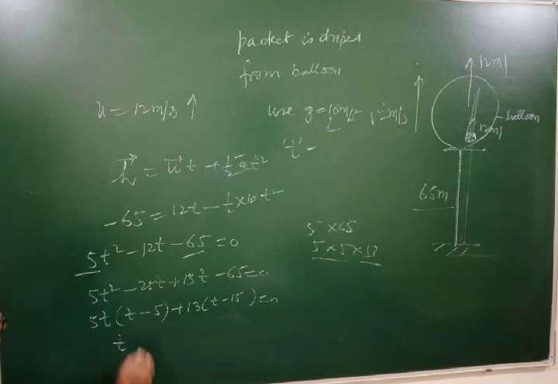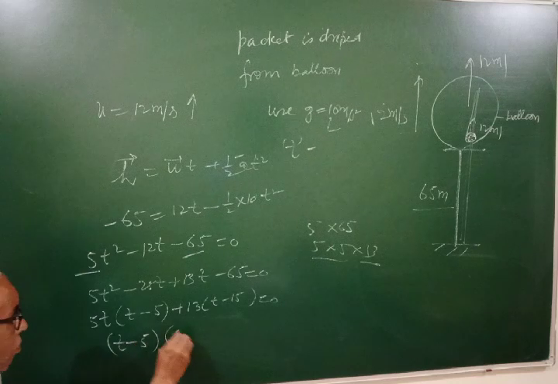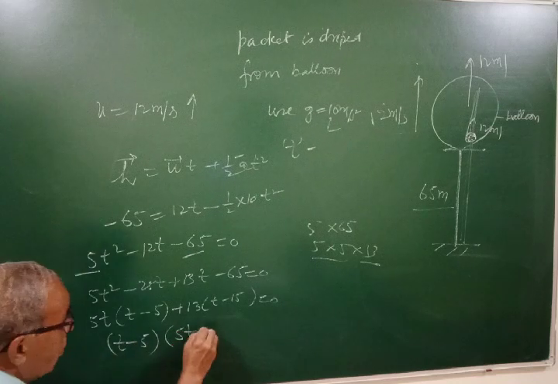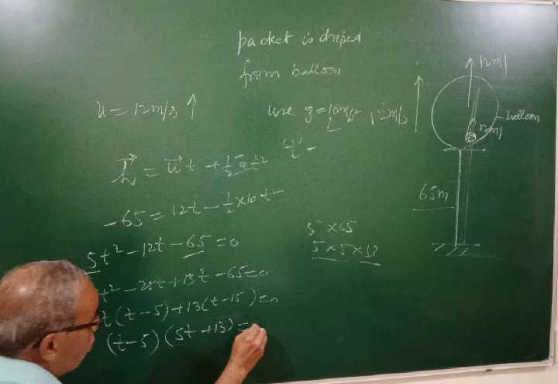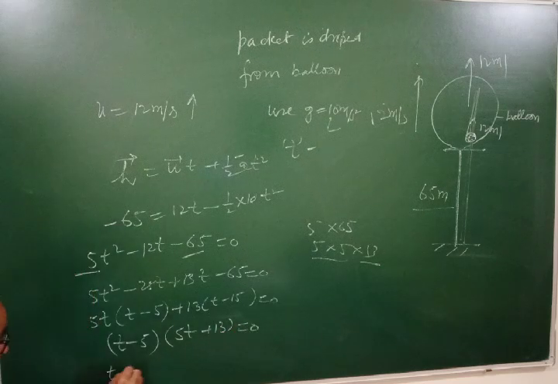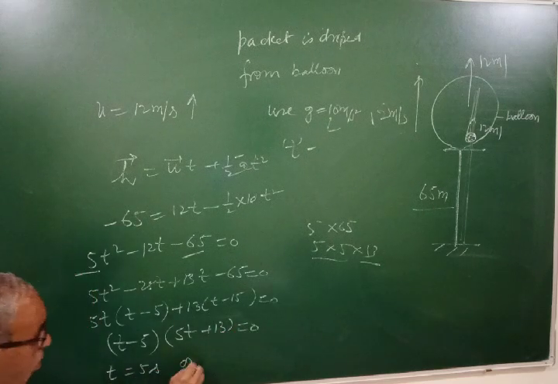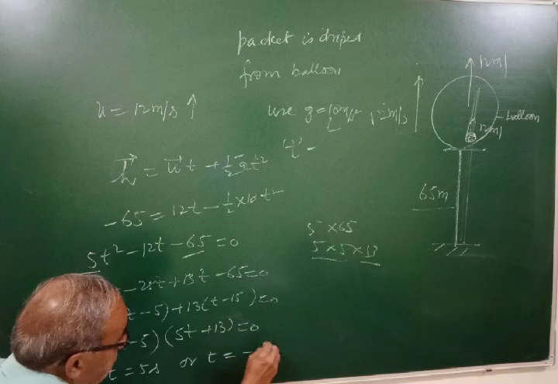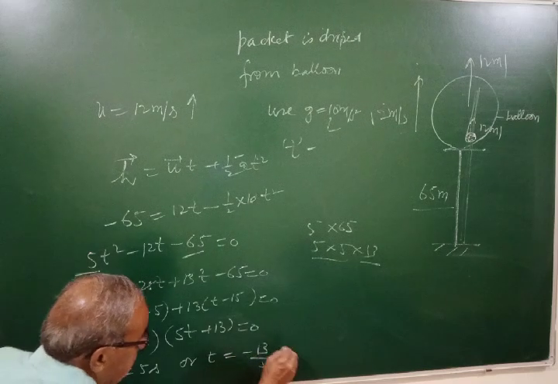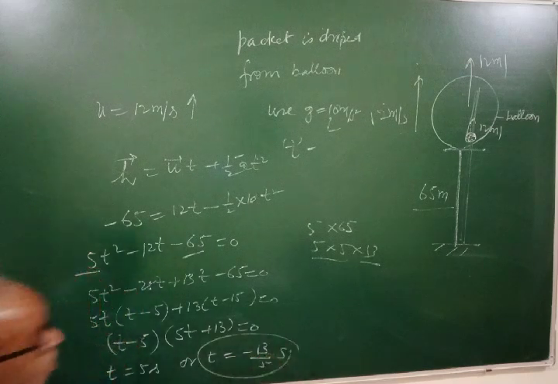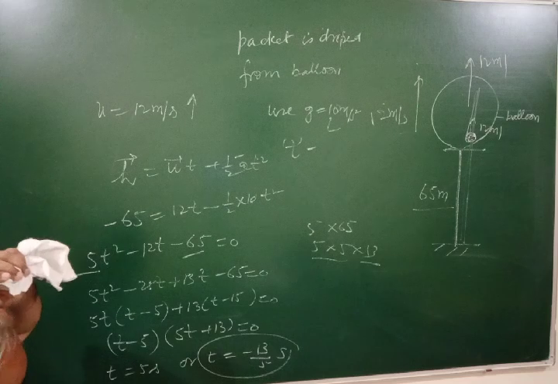So t minus 5 and 5t plus 13 equal to 0. From here you get t equal to 5 seconds or t equal to minus 13 by 5. Here negative time is not permissible.